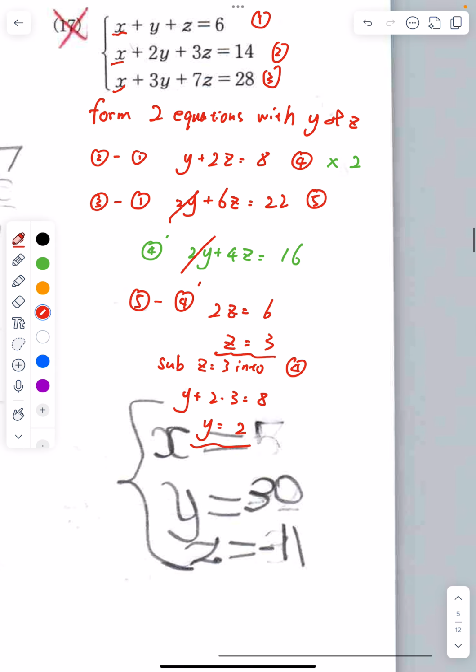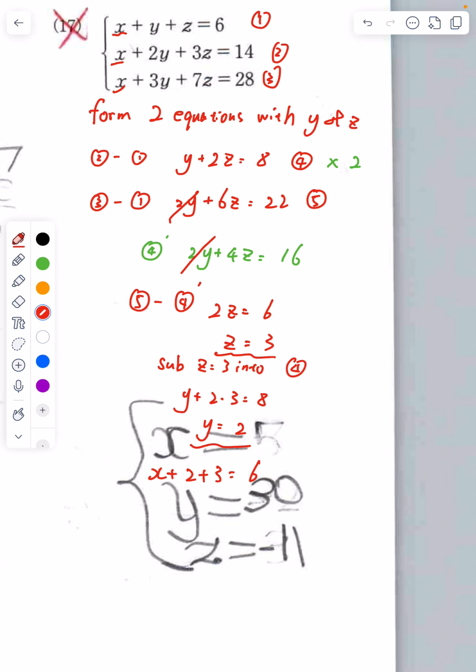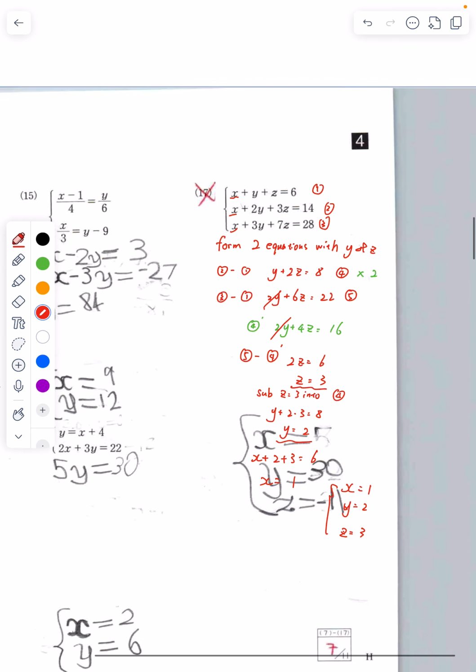My x should be very easy because I can substitute y and z into equation number 1. So it will be x plus 2 plus 3 equal to 6. X should be equal to 1 instead. So at the end of the day, x equal to 1, y equal to 2, and z equal to 3. And that summarizes question number 17.